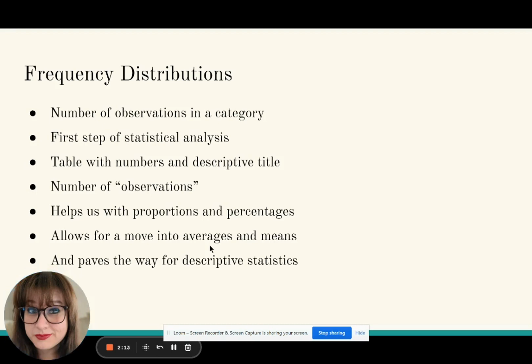So the first thing that you have to do is really look at the name of the table and why it's named what it's named, what its title is, the number of observations, which variables are there, etc. And it helps us move into the descriptive statistics that we're going to be using and developing over time.